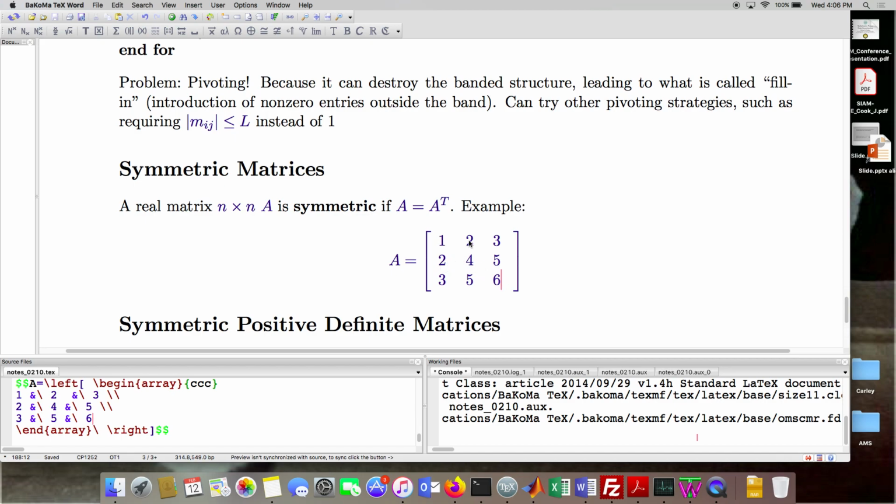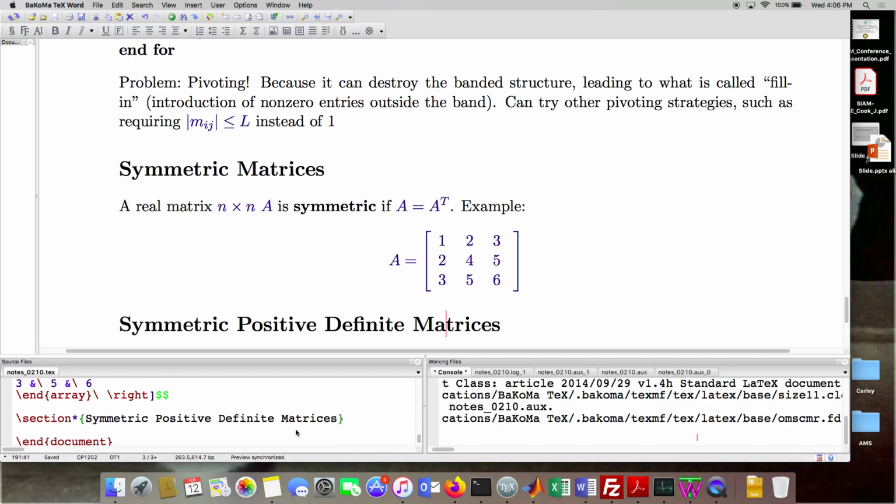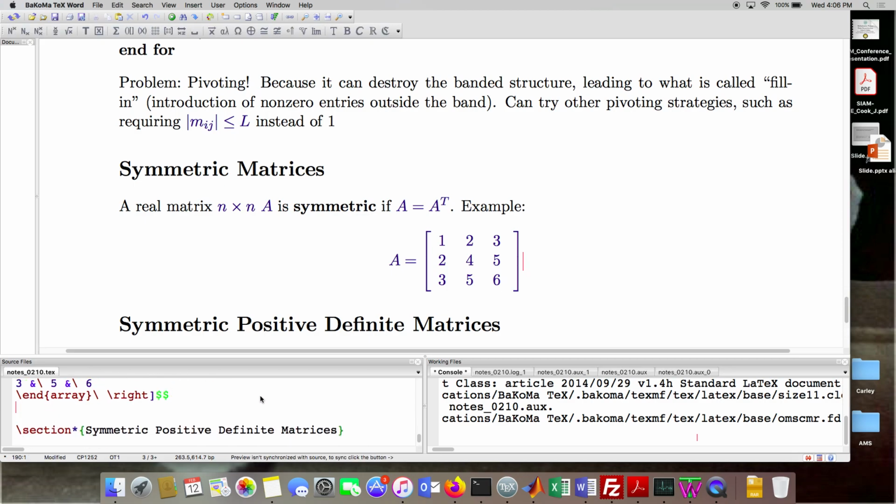Entries on opposite sides of that main diagonal are like mirror images of each other.